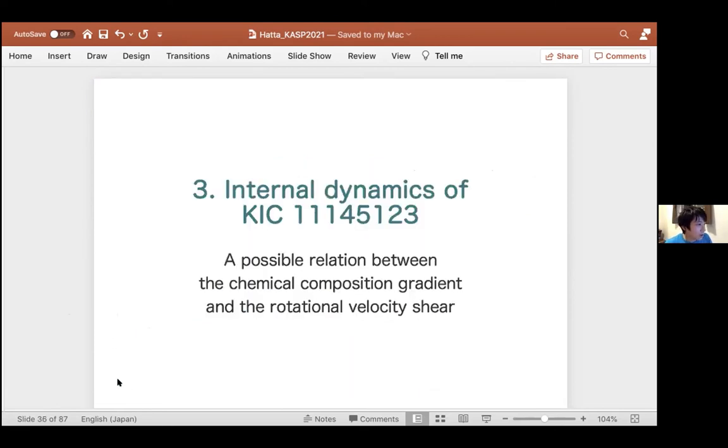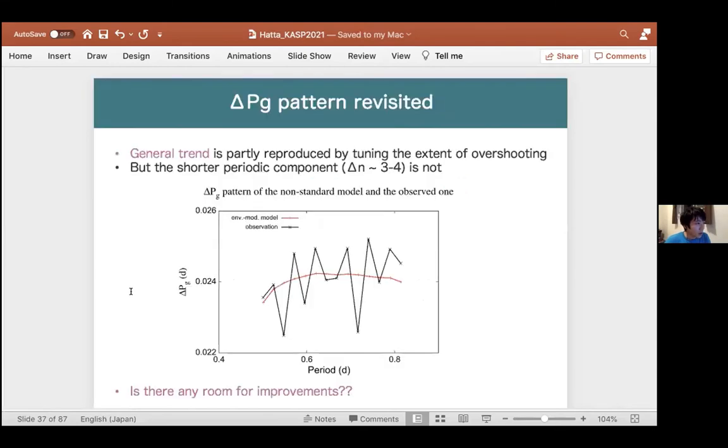So finally, I'm going to discuss the internal dynamics of the star, focusing on a possible relation between the chemical composition gradient and the rotational velocity shear. And the key parameter is the delta PG pattern again. Here is a comparison of the observed delta PG pattern in black and the modeled delta PG pattern in red.